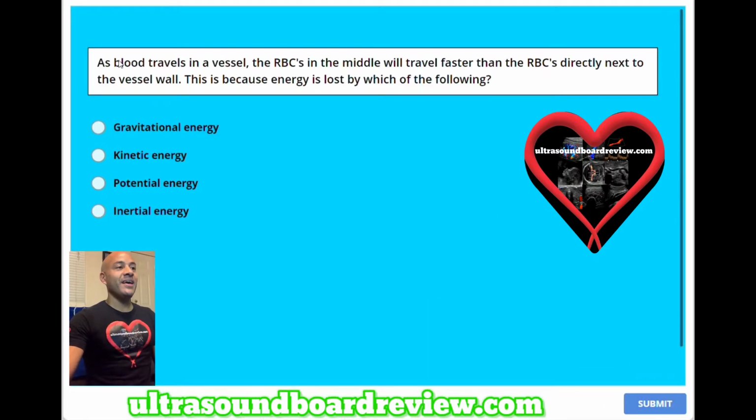Question number 13. As blood travels in a vessel, the red blood cells in the middle will travel faster than the red blood cells directly next to the vessel wall. This is because energy is lost by which of the following? A, gravitational energy. B, kinetic energy. C, potential energy.